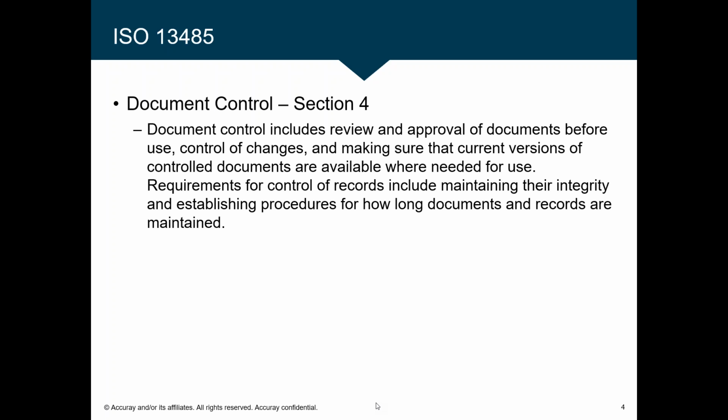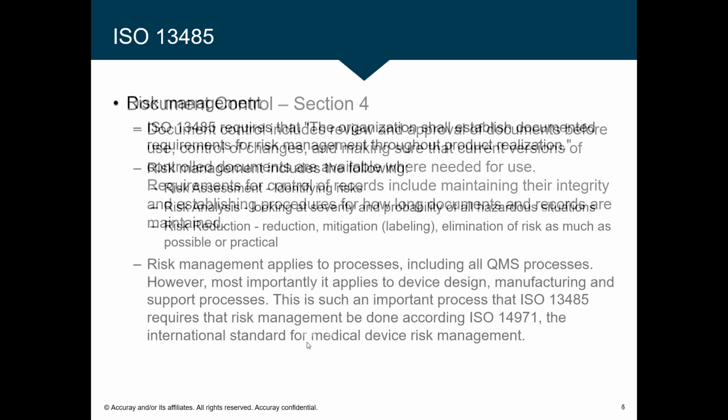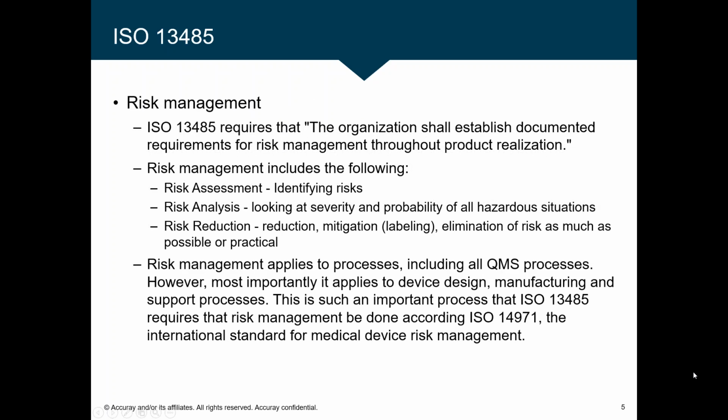So this is the ECO process. This is the way that we are implementing and releasing our documentation and making sure that we have the correct approval cycles and all of those pieces. So that requirement for an ECO is actually driven from 13485 Section 4.